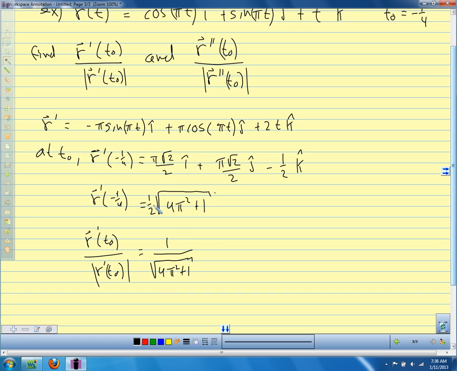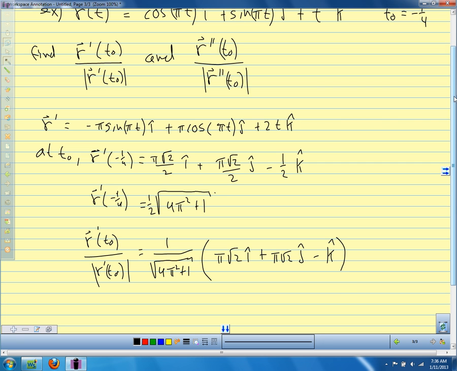I have these 2's in the denominator, and I have this 1/2, so the 2's cancel all these 1/2's in my original vector. And that's that first quantity that we're looking for.